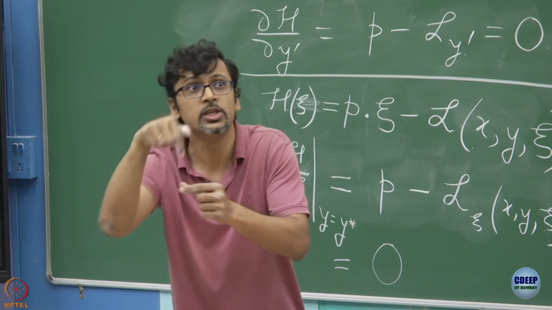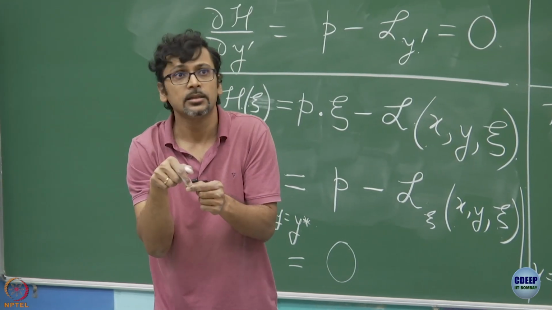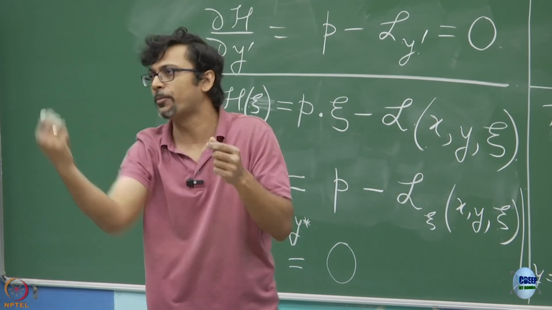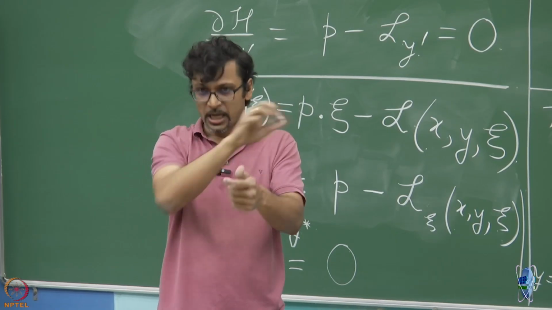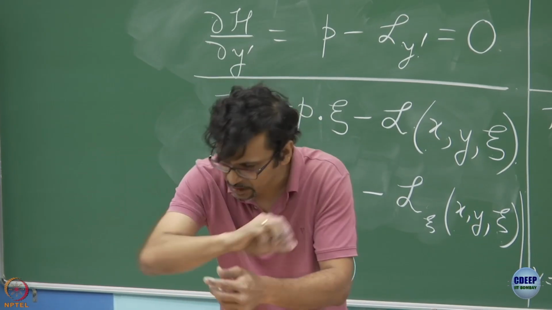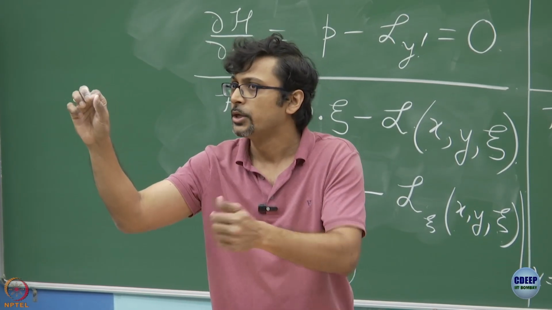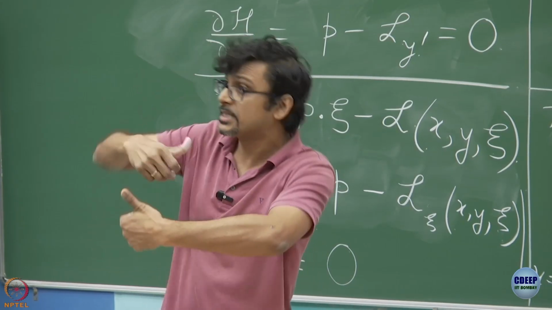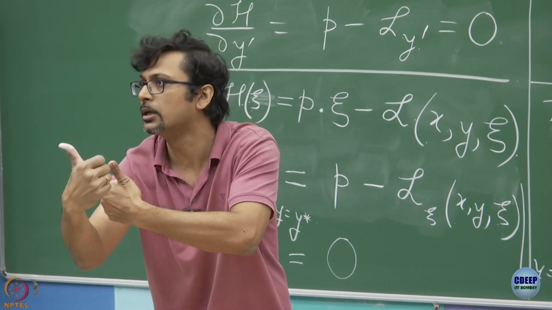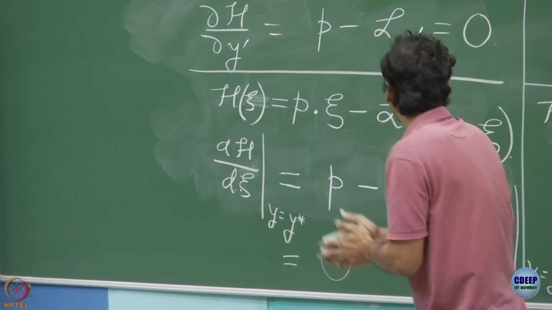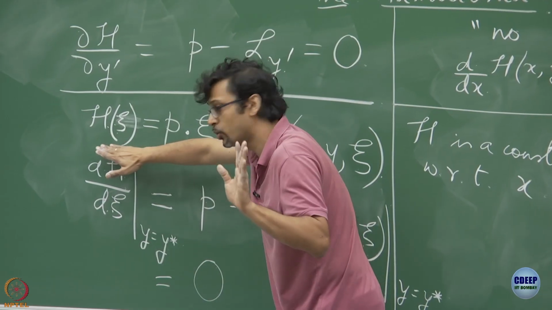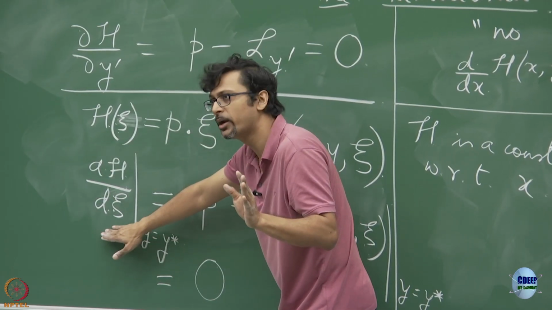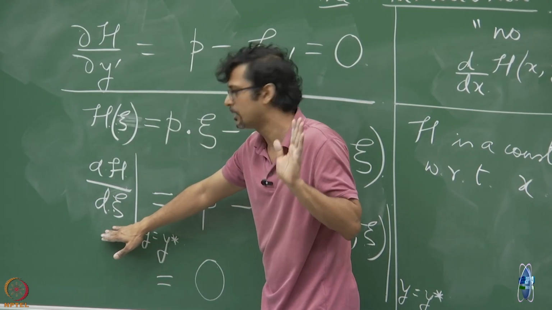How will you choose xi so that it's still going to carry you along that optimal? It turns out that if you are living on an extremal curve, you should choose your xi to be exactly equal to the slope of that extremal curve. I haven't shown that this is a maxima, I have just shown it's a stationary point. Never mind, we will not get into the detail at this point.